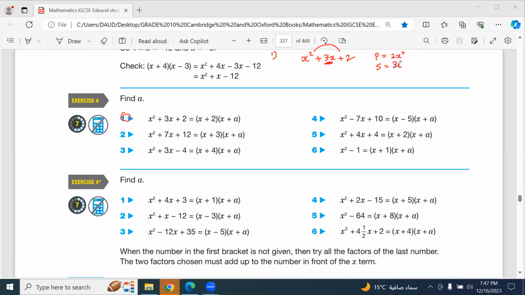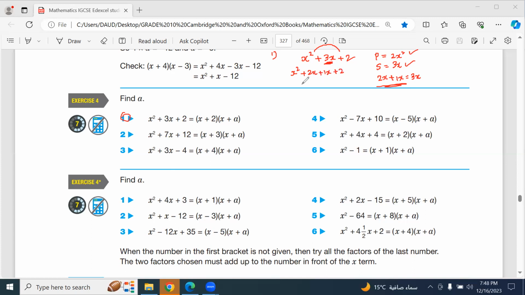Now think about two numbers. If we multiply, it must be 2x squared, and if you add, it must be 3x. So 2 multiplied by 1 gives us 2, and 2 plus 1 is 3. So 2x plus 1x gives me 3x. Now I will write in place of 3x: x squared plus 2x plus 1x plus 2.